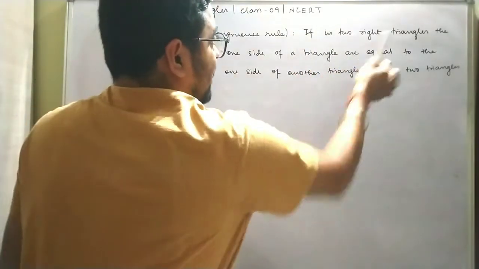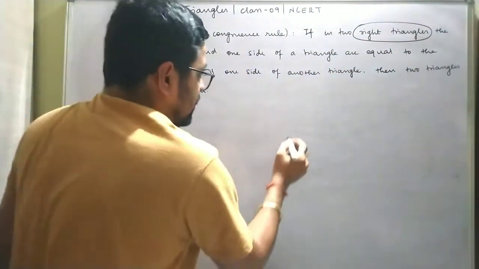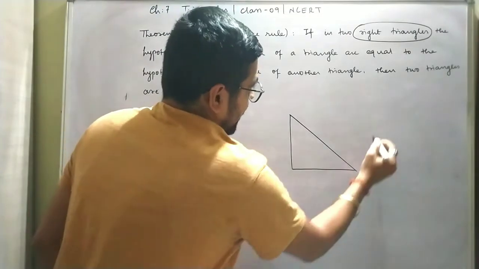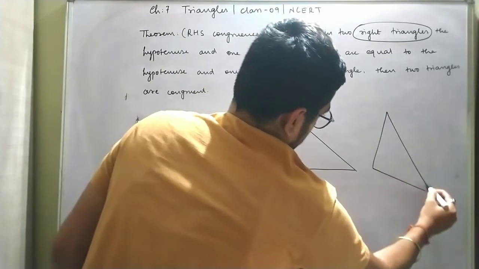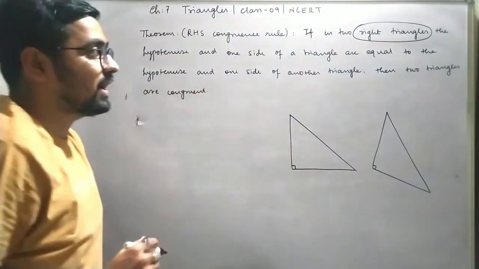If in two right triangles, now this is very important. Two right triangles means we need to have two triangles in such a way that they have right angles.